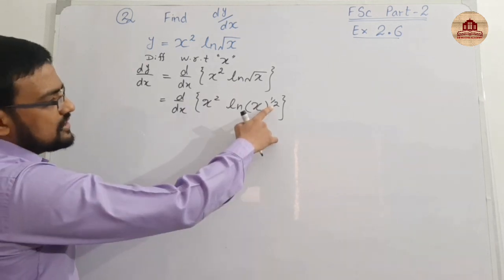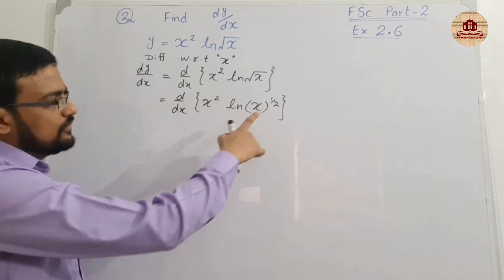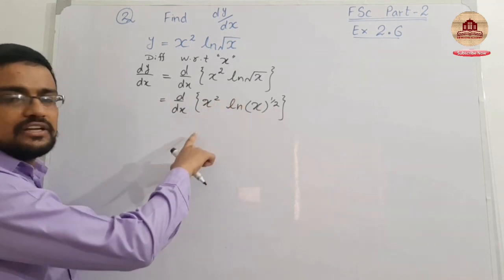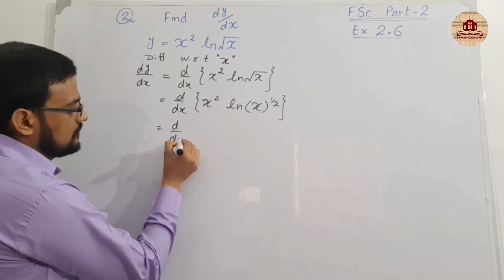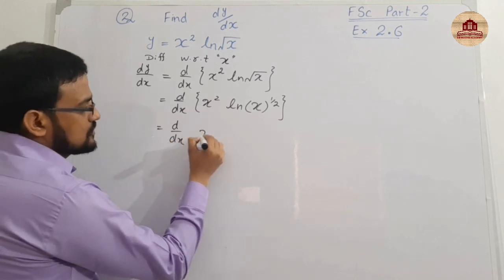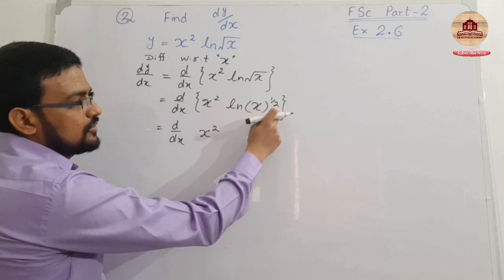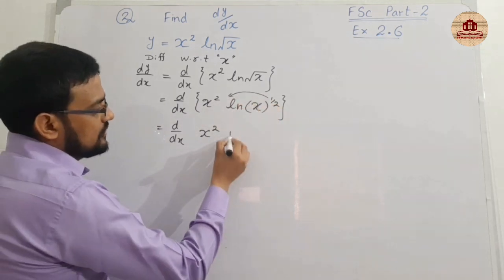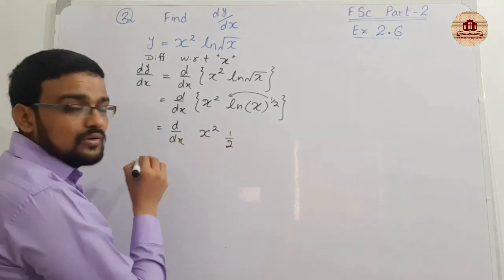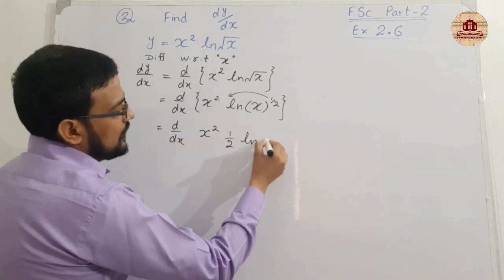The third law of logarithm says the power becomes a multiple, so it becomes 1 by 2 ln of x.